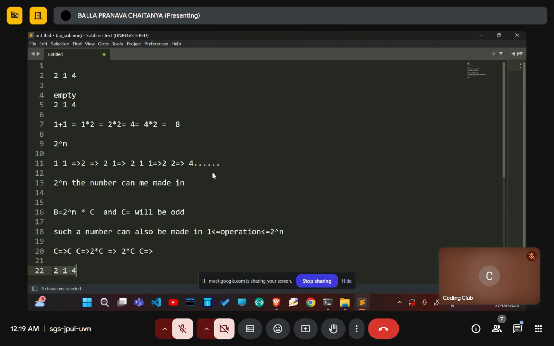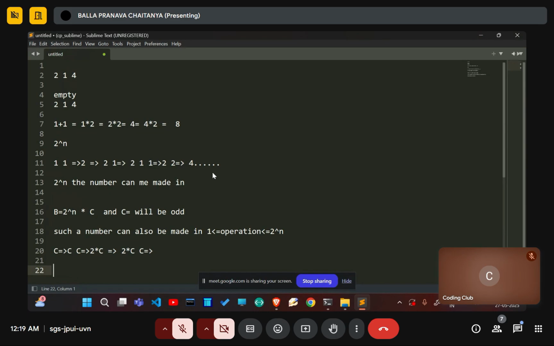There are two ways of making this array, and which element we start from decides the maximum operations, because we have to consider the previous element also, right? Because the sum can be both. If both the elements become the same, then we have to add them. So we have to consider all those edge cases here. Suppose we are starting from left to right to make this, 2 1 4.